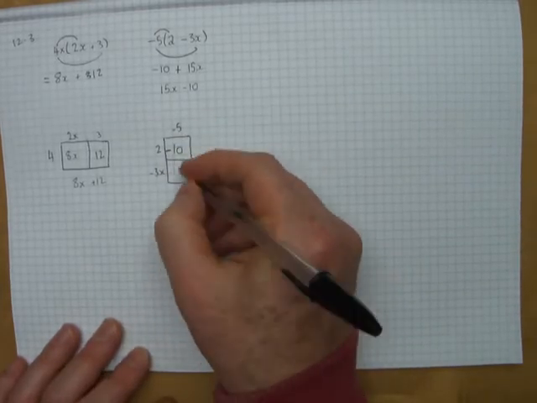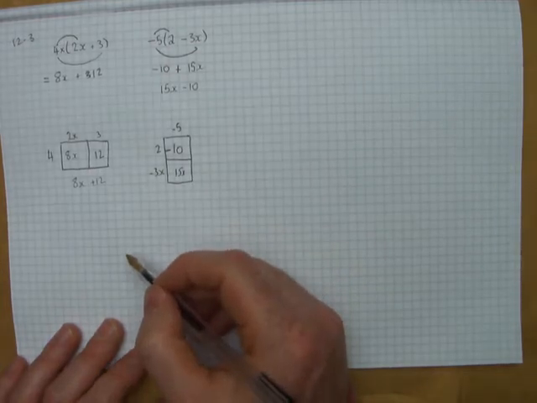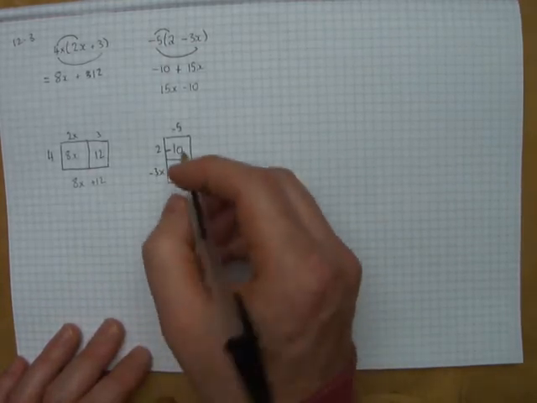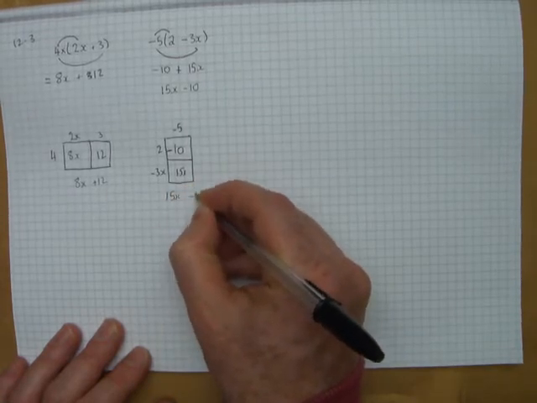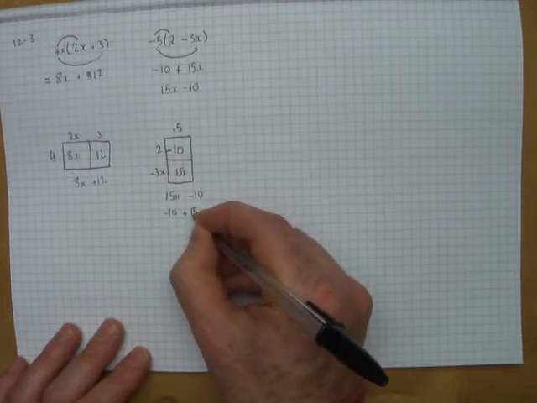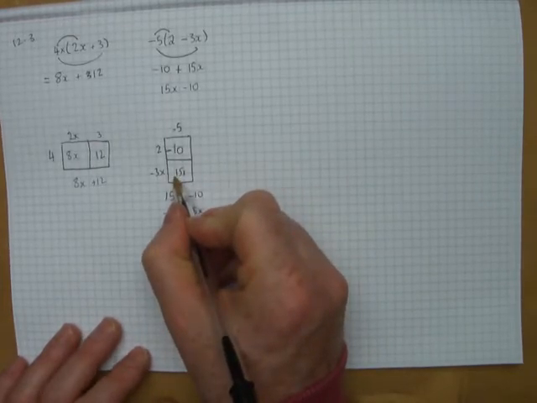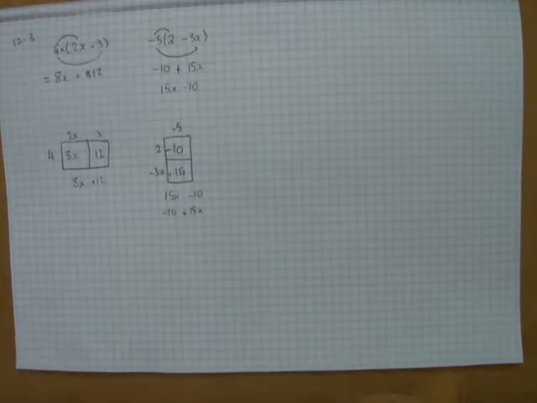And then 5 3x's would be 15x. And then the minus and the minus are positive, so it's 15x again. And we could combine those, and we could write it as 15x minus 10, or indeed minus 10 plus 15x. So because there's no symbol in front of the 15, well, it is a positive.